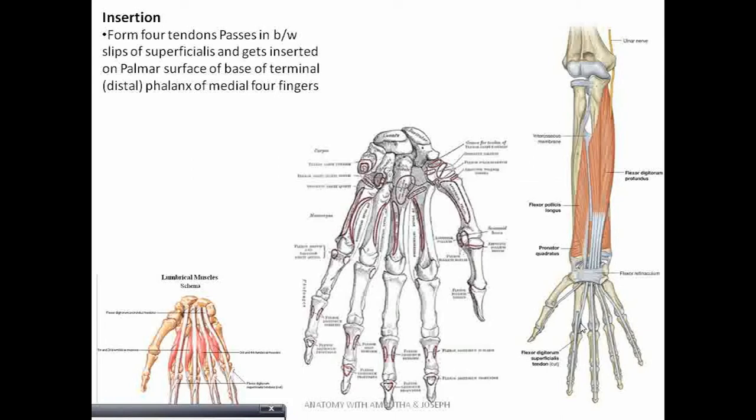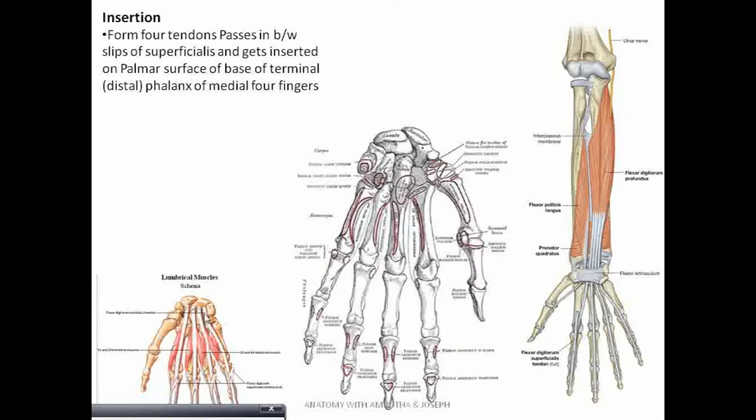Each tendon will pass between the split tendon of flexor digitorum superficialis, and each of it will be attached to the terminal phalanx of the medial four fingers. Remember again, flexor digitorum profundus is not giving any tendon to the thumb, like your flexor digitorum superficialis. Now these are the insertion points of flexor digitorum profundus.